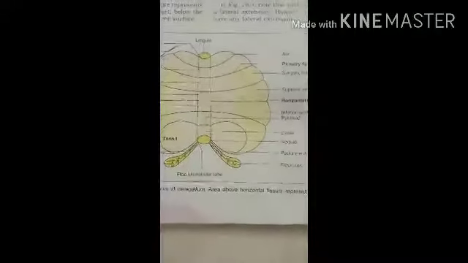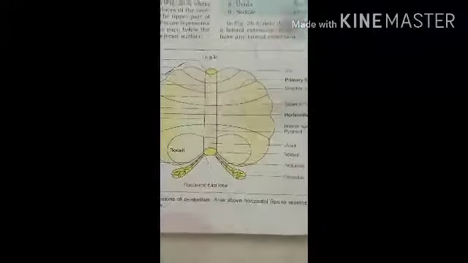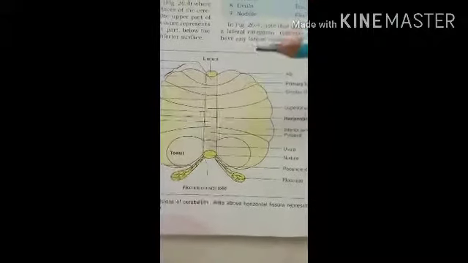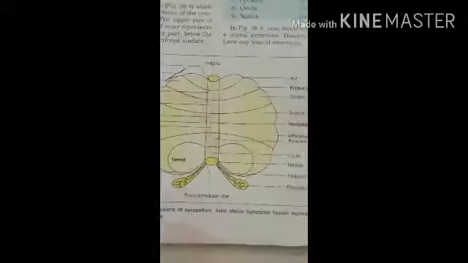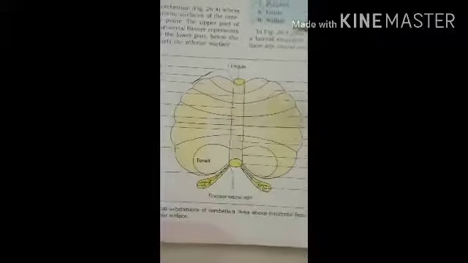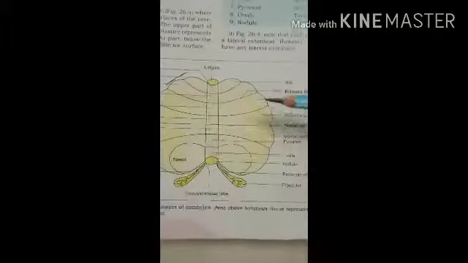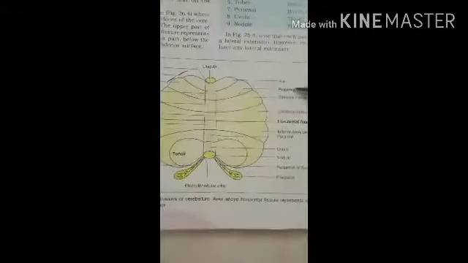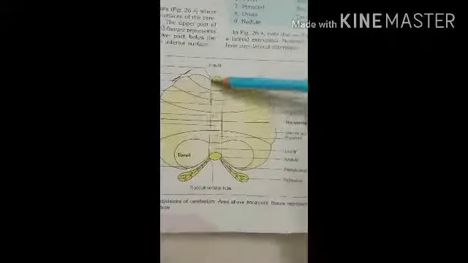Then the next part, the paleocerebellum. It is the next part of the cerebellum to appear and it consists of the anterior lobe except the lingula. Here you can see that above the primary fissure is called the anterior lobe.